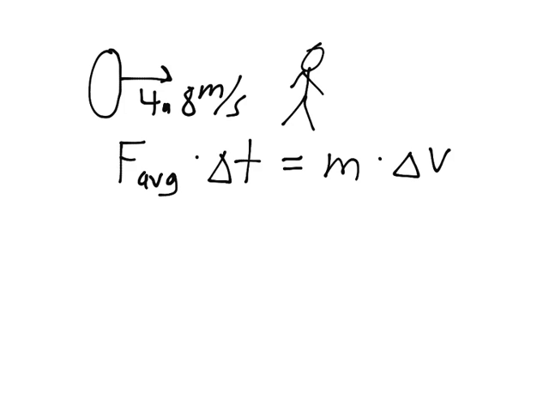Okay, and so if we read the problem closely, we can sort out most of these terms. We know we're looking for the average force, so that's going to be the variable that we're solving for, the F on the left side. It says the time of interaction is 1/4 of a second, 0.25 seconds, and so that's going to be our delta t.